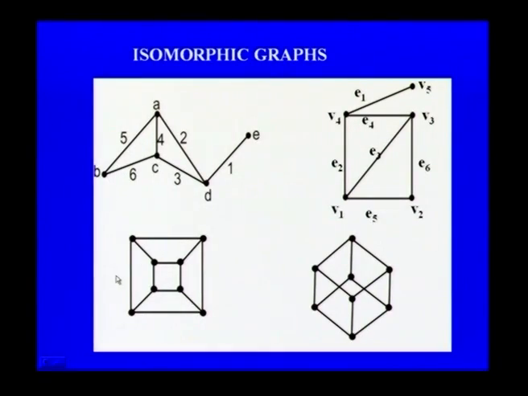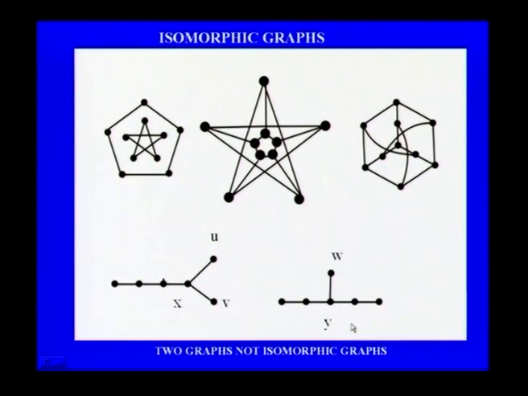Similarly, even though we have not labeled the edges and the vertices, you can see these two graphs are isomorphic. Here you find that this graph is isomorphic to this graph. Here some edges are missing. You must also have edges between this and this, this and this, and so on. So, that graph will be like this.